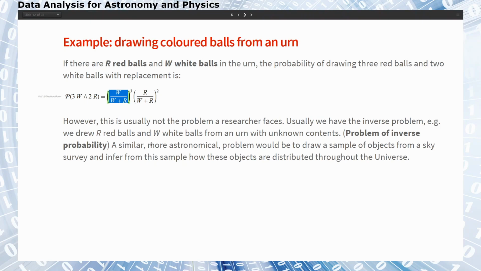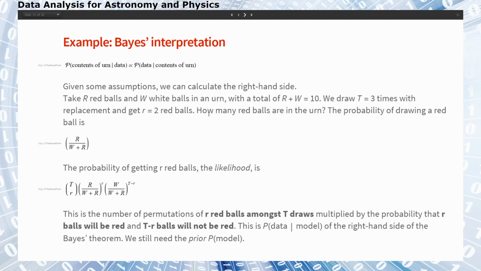And this corresponds to, say, an astronomical experiment where we draw a sample of objects from the sky survey and try to infer from this sample how these objects are distributed throughout the universe, what properties they have, and so on.